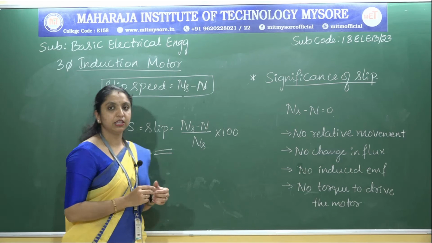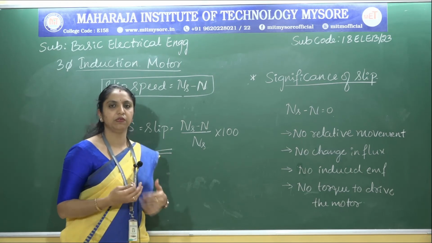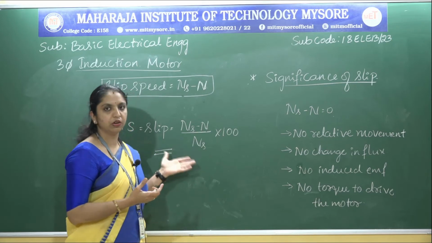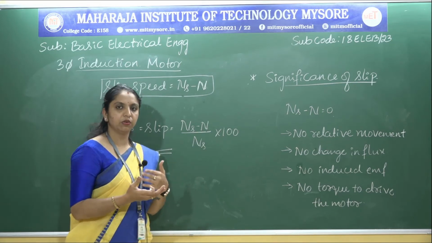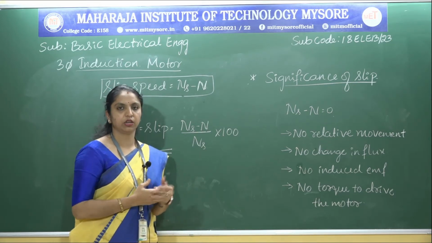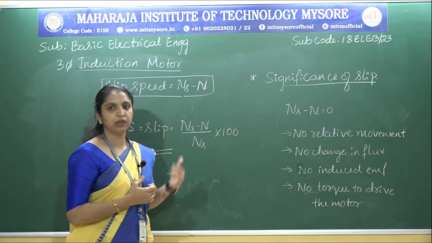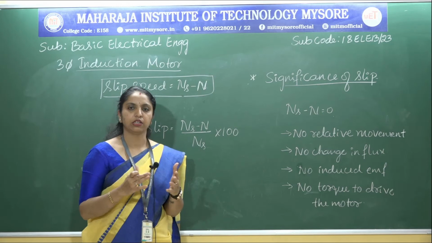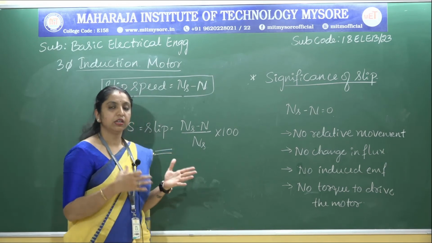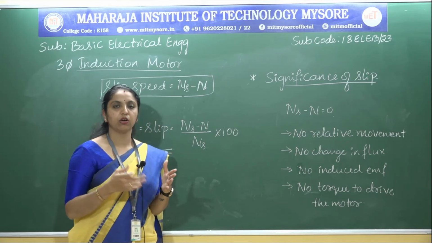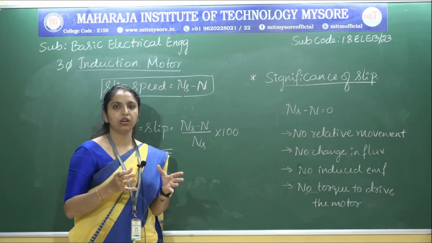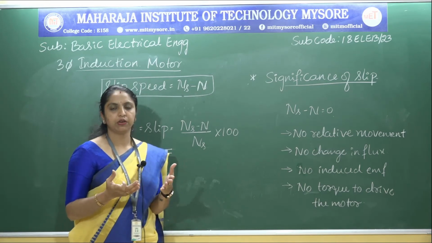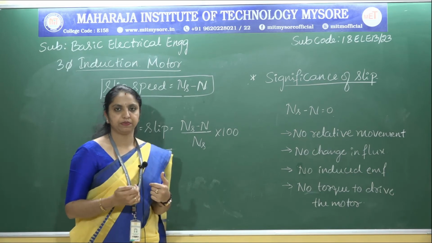Next we have the significance of slip. What is the significance of slip? As I have already explained, in actual practice the rotor should not run at the speed of the rotating magnetic field.